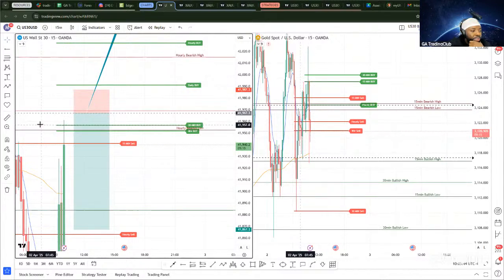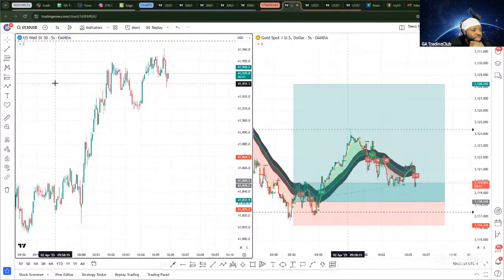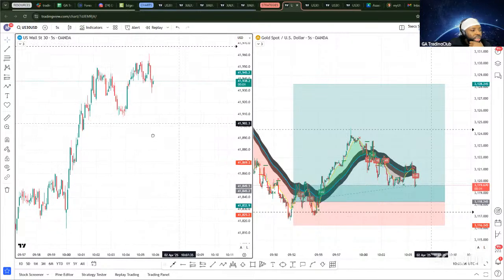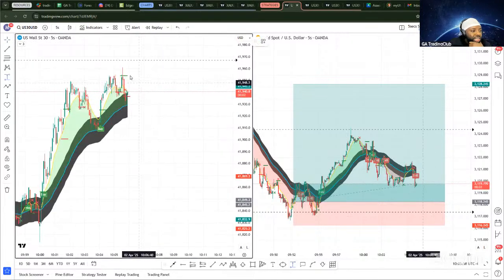Okay, so you see both of them. So at this point, this invalidates. We go ahead and delete, and I'll go over why. When price reached 41,957, 41,951, you can see we've had like a 10-point drop already.